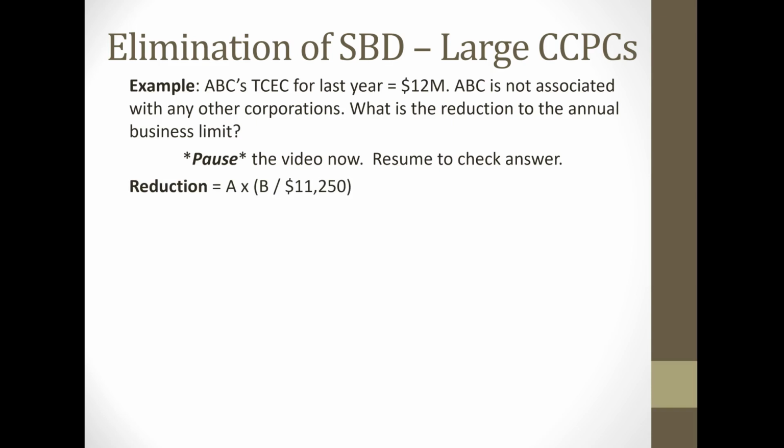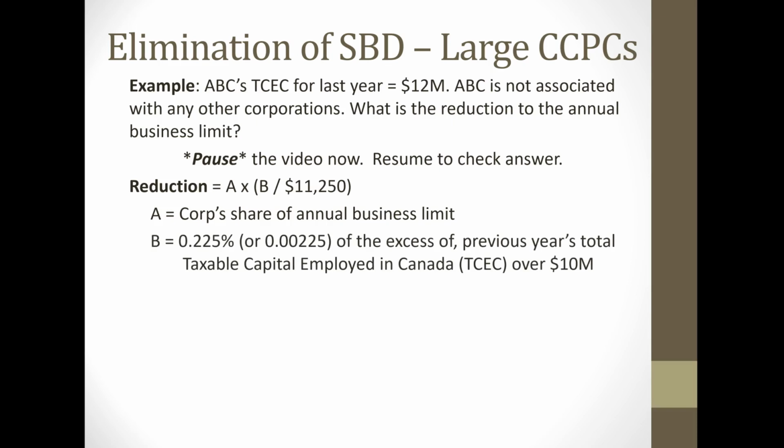Okay, let's take a look at the answer. Now remember, the reduction formula was A times B over 11,250. A is the corporation's share of the annual business limit. In this case, it would be the 500,000. And B is the 0.00225 times the excess of last year's taxable capital employed in Canada over 10 million. That amount in this example would be 2 million.